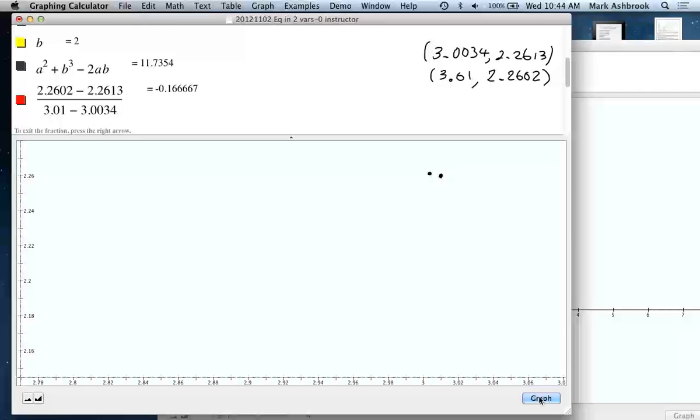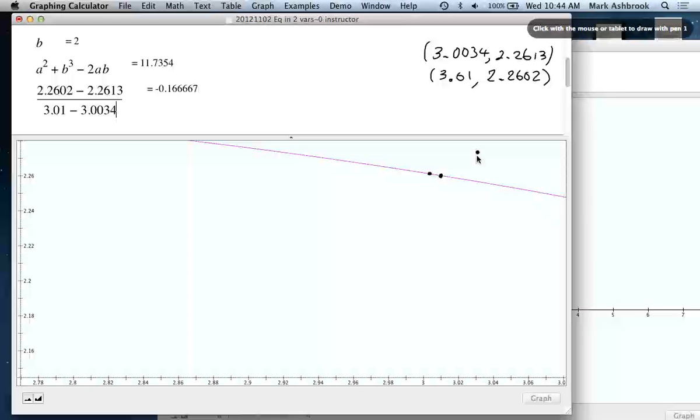Negative 0.17. Is that about right? Is that what you got?